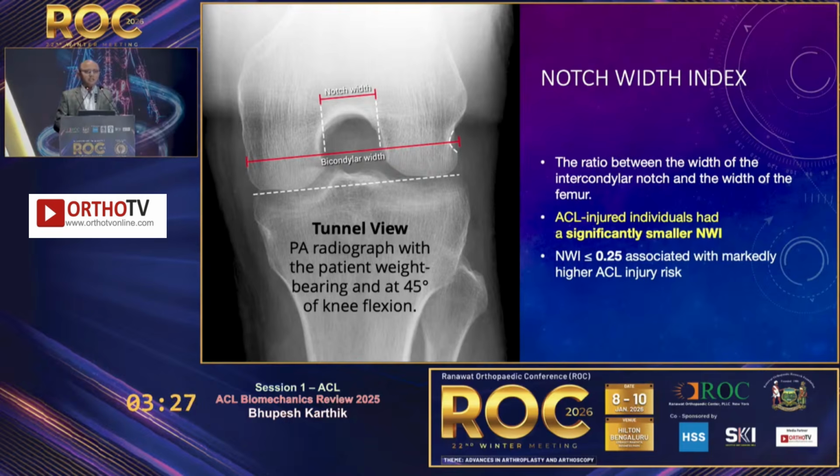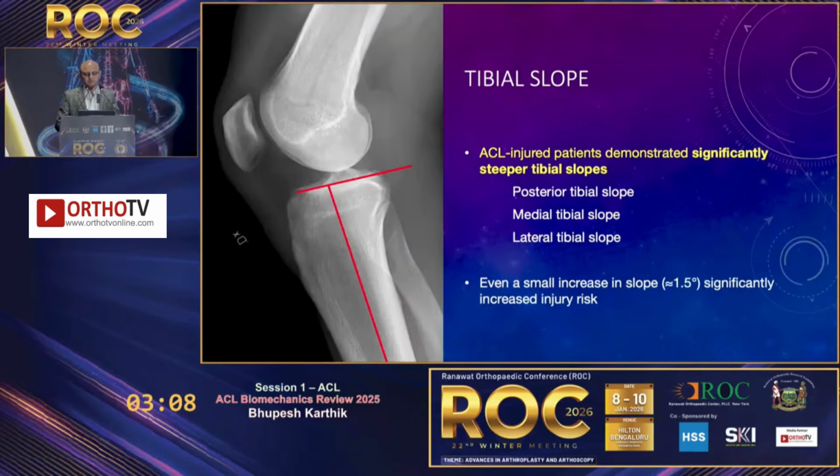These two are either read in the MRIs or in the Rosenberg view or the tunnel view, in which there is a PA projection in 45 degrees of knee flexion in weight bearing. Less than 1/4 of the notch width is a predisposing factor for early ACL failures.